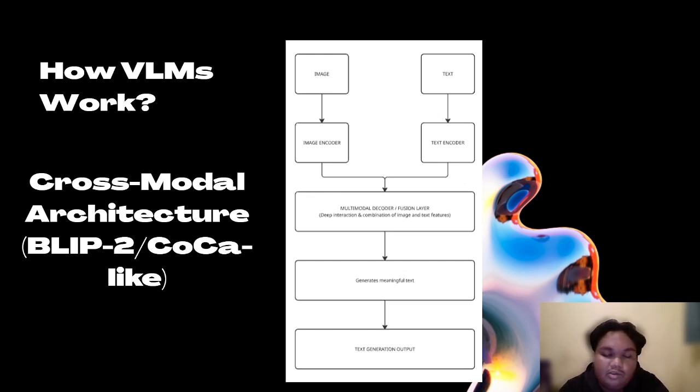This model uses millions of datasets from the internet. The big data helps the model understand the relation between the image and the text.